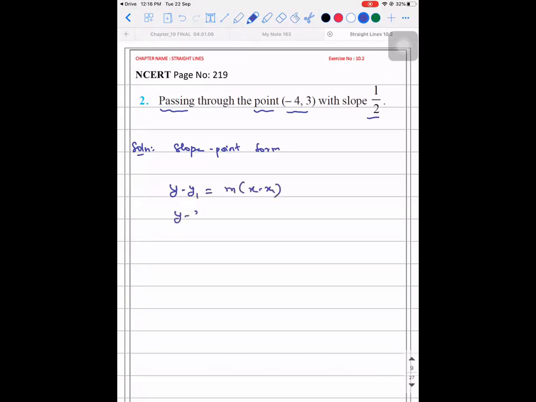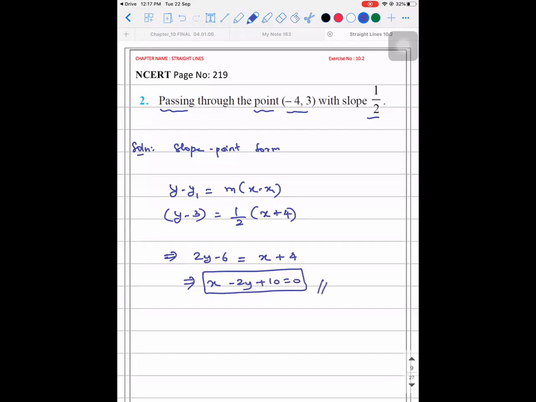So y minus 3 is equal to half into x plus 4, which implies 2y minus 6 is equal to x plus 4. So x minus 2y plus 10 is equal to 0.